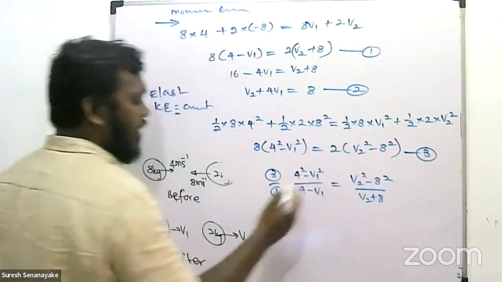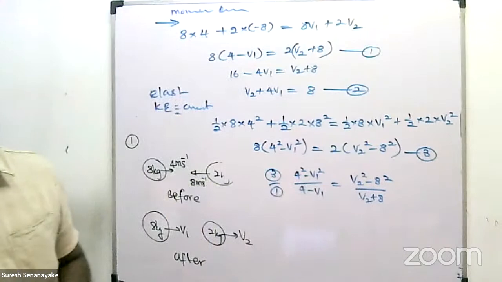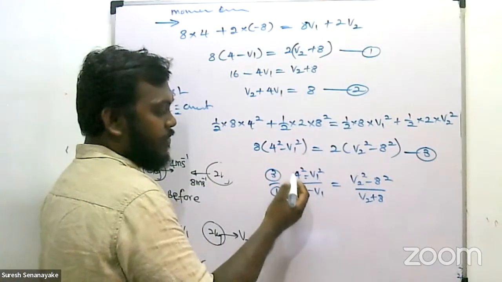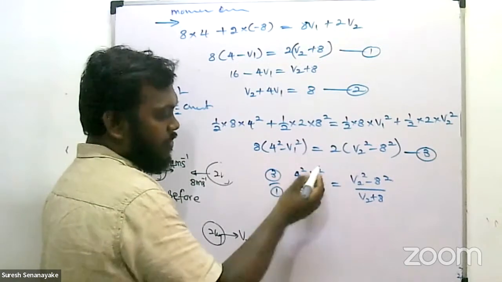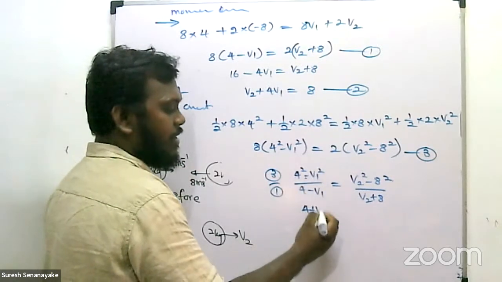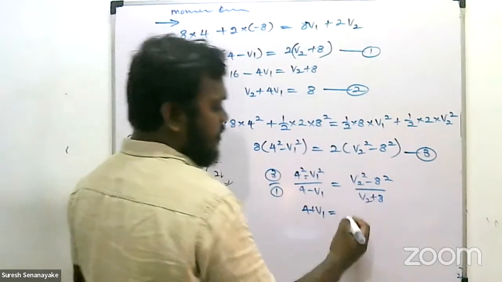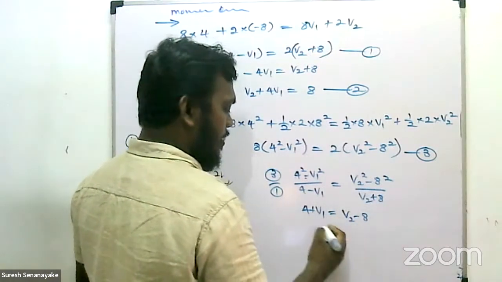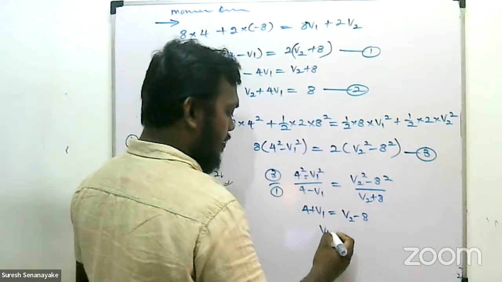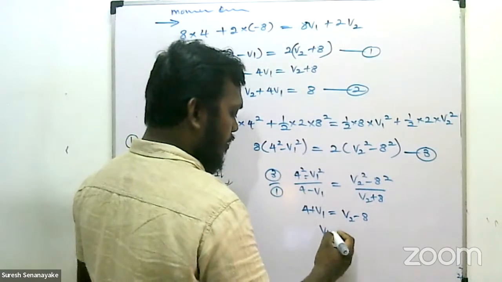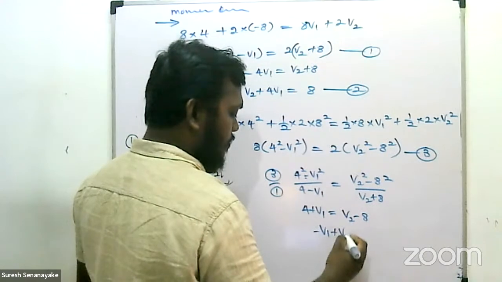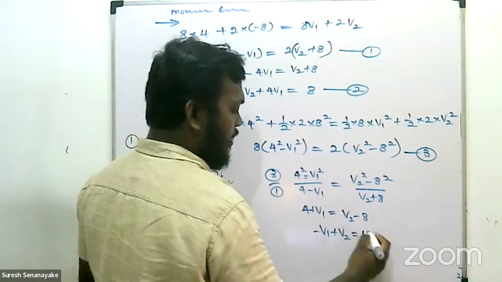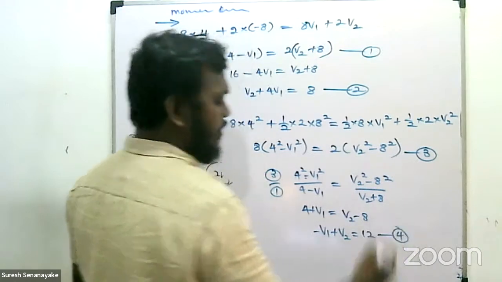So make a difference of two squares: 4 minus v1, the other bracket is 4 plus v1. 4 minus v1 cancels, 4 plus v1 remains. Here also the v2 plus 8 cancels, then v2 minus 8 remains. So here it equals v1 minus v1 plus v2. I take v2 to this side, 8 to the other side, it equals 8. The fourth equation.